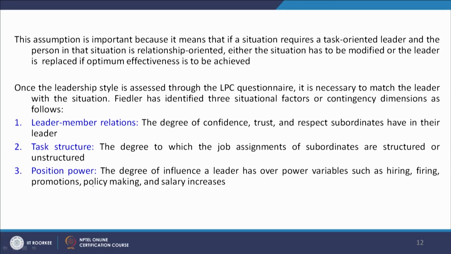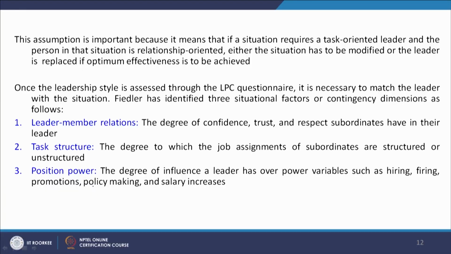Either the situation has to be modified or the leader is replaced for optimum effectiveness to be achieved. That means, if any situation requires task orientation, then relationship oriented leadership style will not work, rather it can only be dealt with by task oriented leadership for maximum or optimum effectiveness.